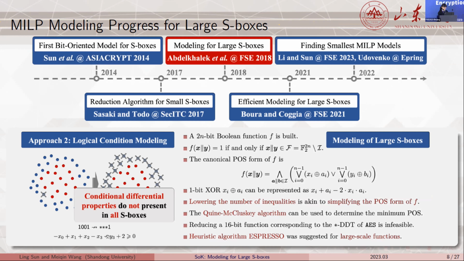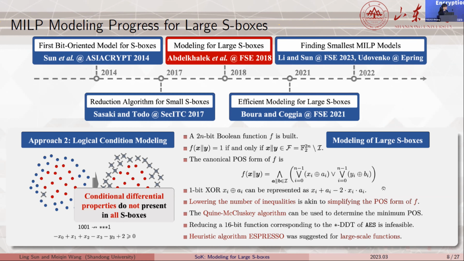Instead of using a manual way to combine inequalities, the authors first create a 2n-bit Boolean function f, and f equals 1 if and only if the input vector is a possible propagation. Then f can be represented in this form. It is called the canonical POS form of f. And note that the 1-bit XOR here can be represented in this form.